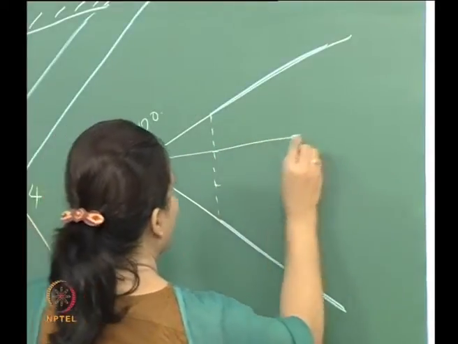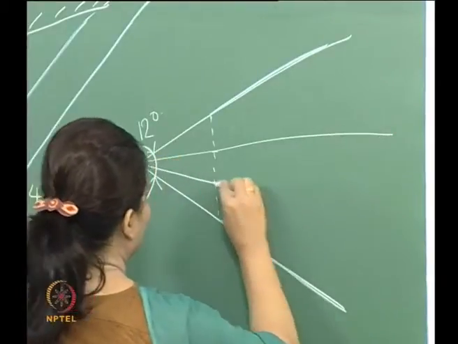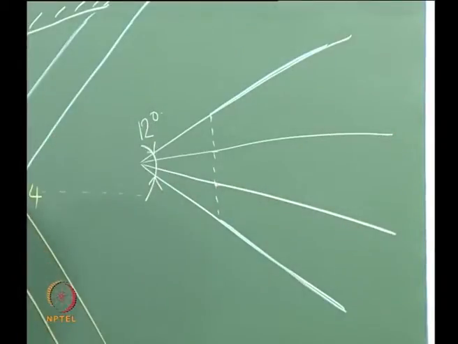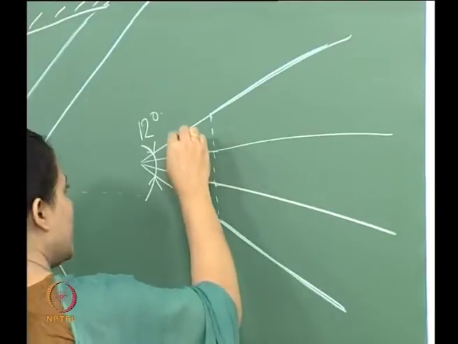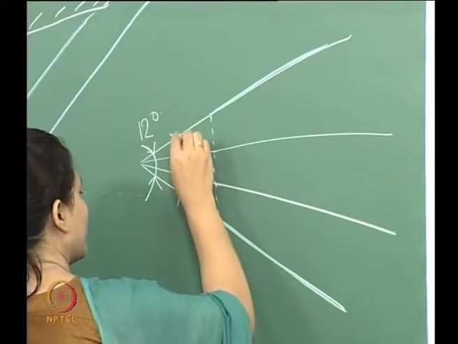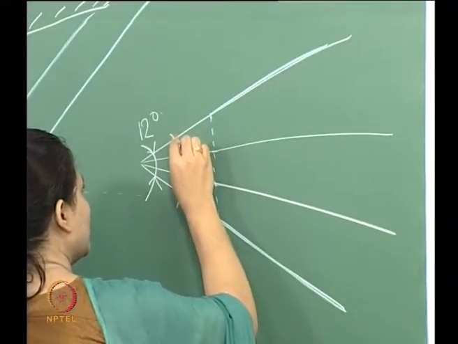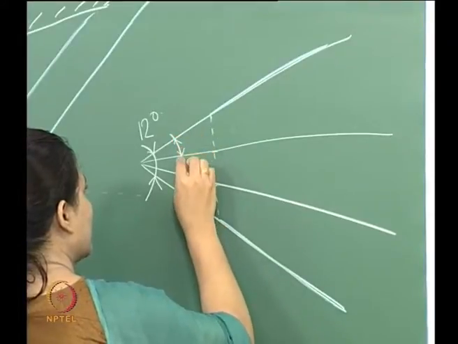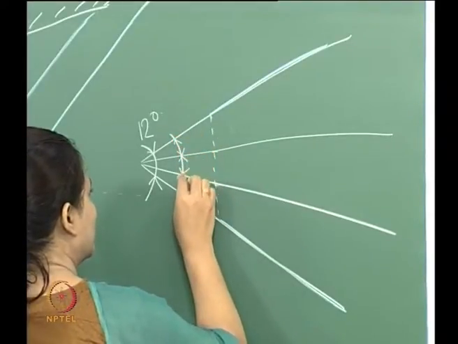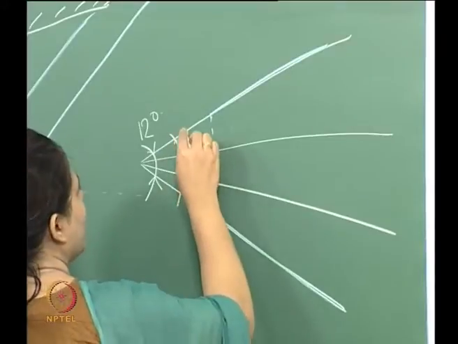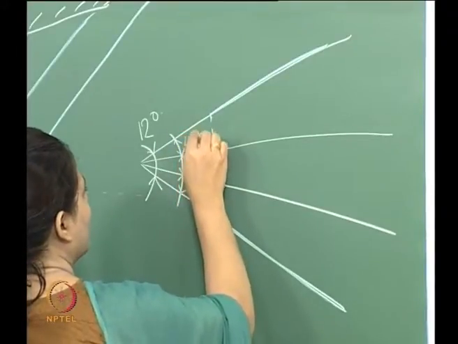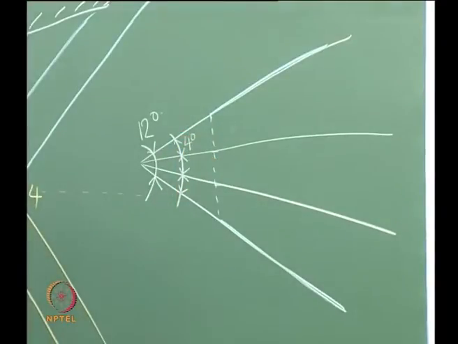Now I have taken basically 2 points out here. So then I will have one like that, okay. So that now each of these is 4 degrees, right.